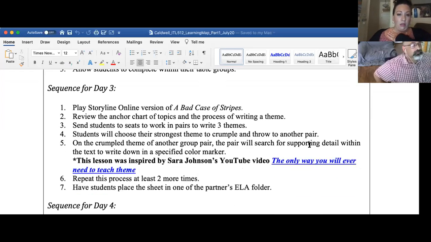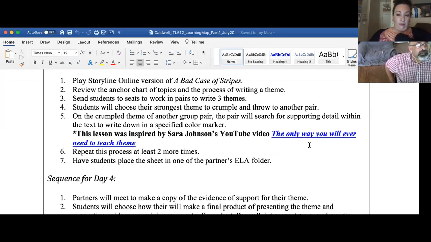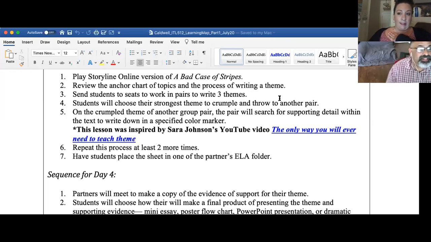Okay. Day three is where we would actually get into the meat of them writing a theme by themselves and then finding three different text examples.